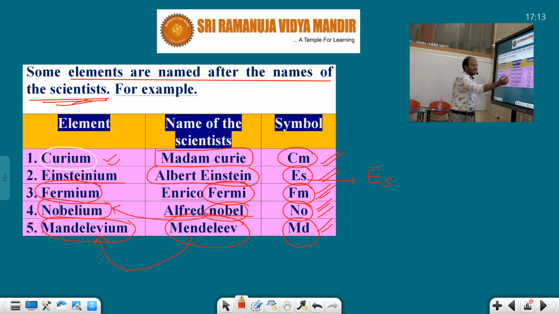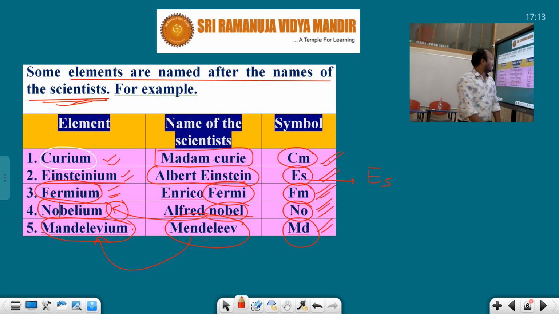From Einstein, the element Einsteinium. Fermium. From Alfred Nobel, the element name nobelium. From Mendeleev, the element Mendelevium. Their symbols are: curium, Cm; Einsteinium, Es; Fm means fermium; No, nobelium; Md, Mendelevium. In these cases, the first letter should be a capital letter, the second letter a small letter.